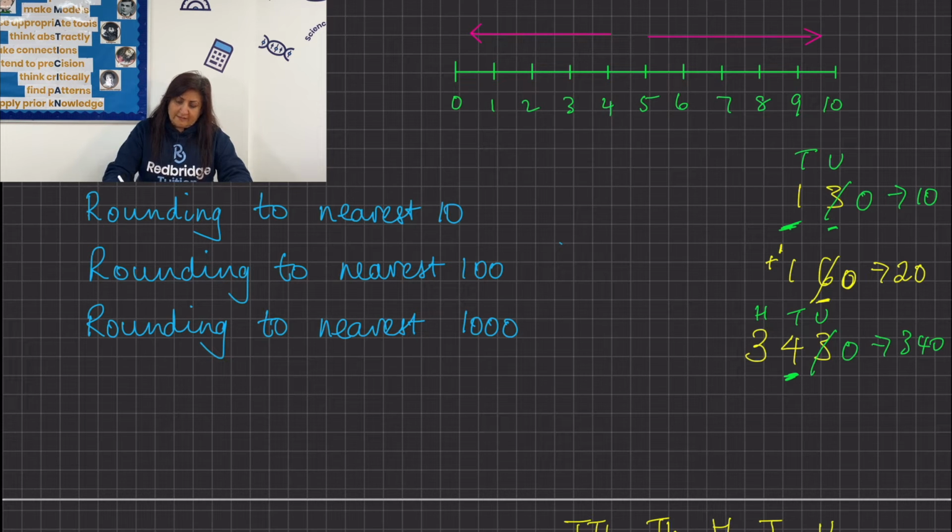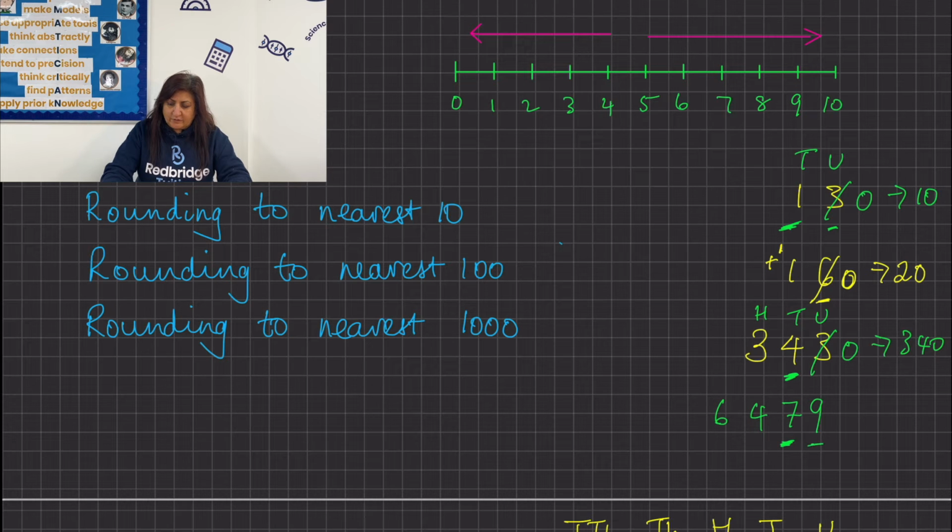If we take a number that is even bigger than that, let's say 6,479, and we need to round that to the nearest 10, the same principle applies. The 9 is in the units column, the 7 is in the tens column. We need to stop here at 7.